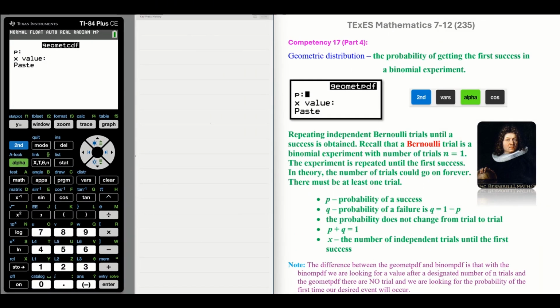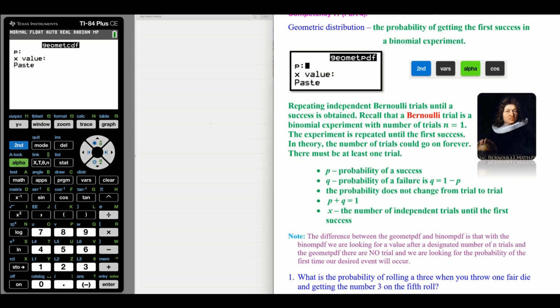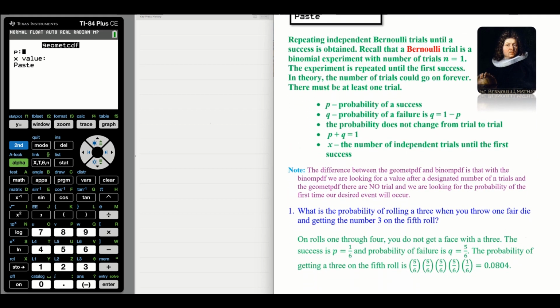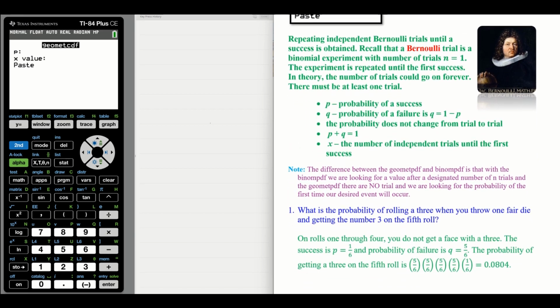As far as our TI-84 is concerned, we are interested in the geometpdf. We need to note that the difference between the geometpdf and the binomial PDF is that with the binomial PDF, we are looking for a value after a designated number of n trials.